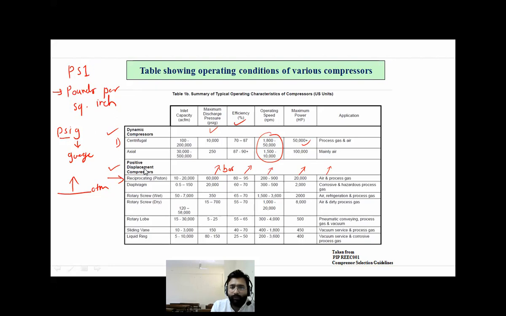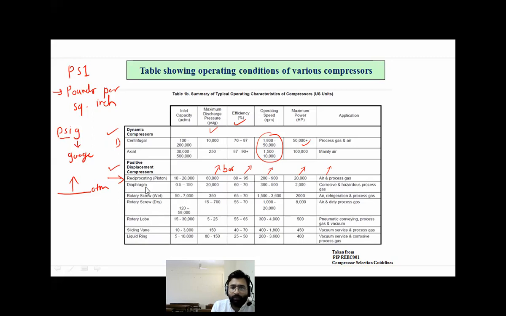Then we have positive displacement compressors like reciprocating air compressor, rotary compressors, etc. Reciprocating air compressors have less inlet capacity compared to this, 10 to 20,000 CFM. Again, here maximum discharge pressure is higher, that is 60,000 PSIG. Then efficiency is the highest, 80 to 95%. Mostly it is used in air and process gases.